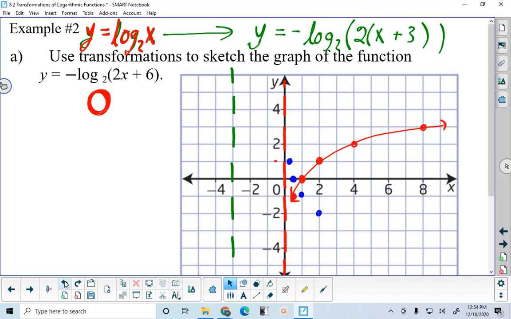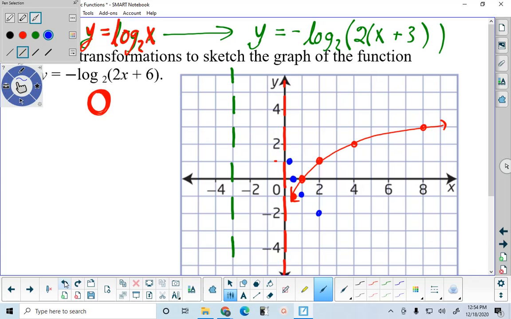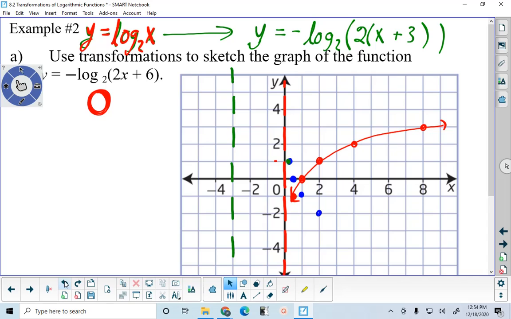Now I simply need to move them all 3 to the left. And I'm pretty sure here, but I haven't missed anything, right? There's not one other transformation that I'm not looking at. That's it. Reflection, stretch, translation. So I'm going to shift all of these to their relative positions next to that green asymptote. In other words, this blue point right here is very, very close to the asymptote, so it's going to be very, very close to the asymptote here.